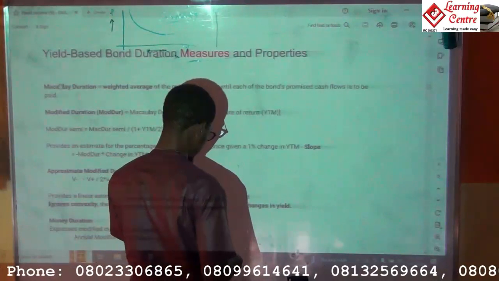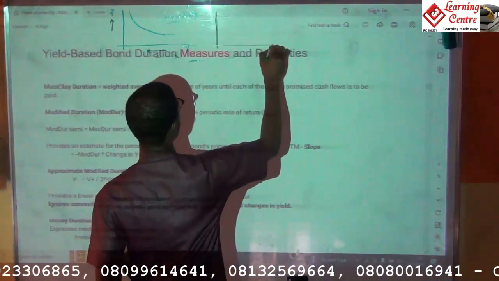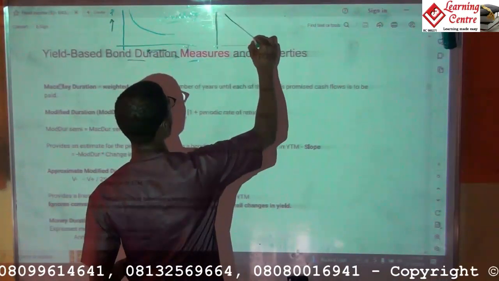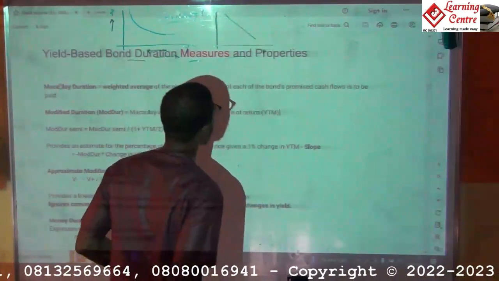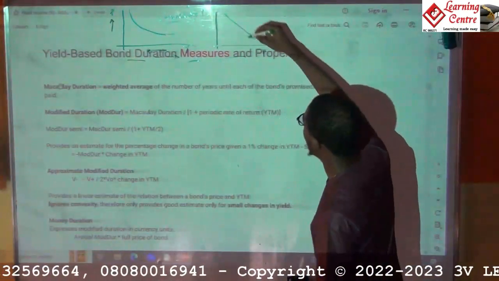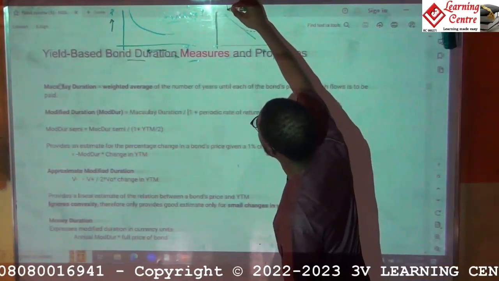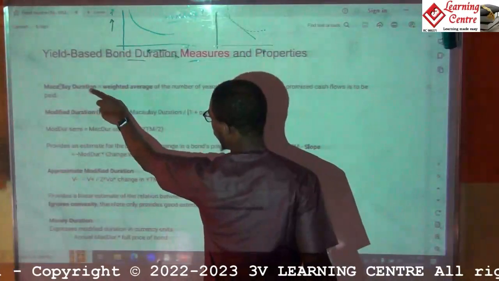So the first approach to bond duration, we assume a straight line relationship. That means we are ignoring convexity. We talked about Macaulay before.